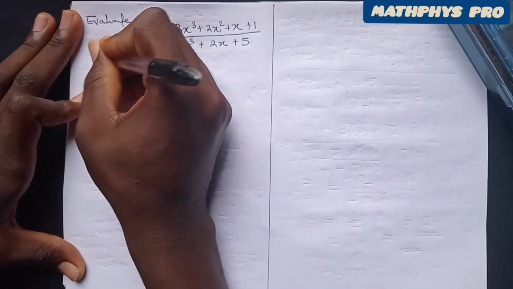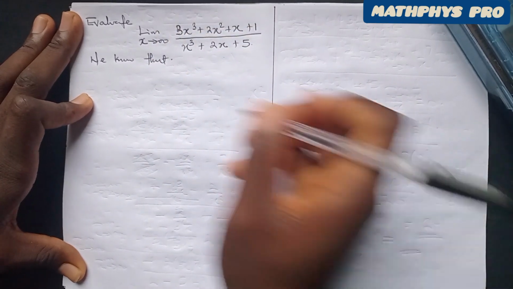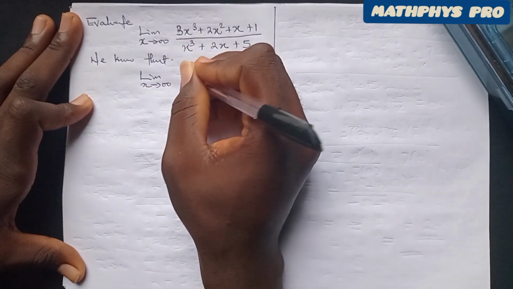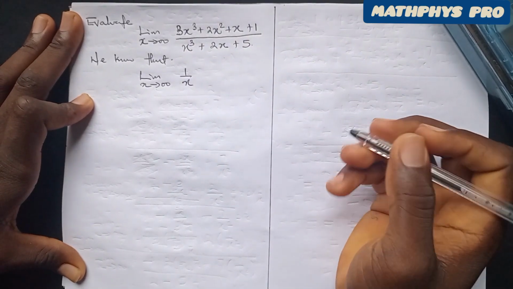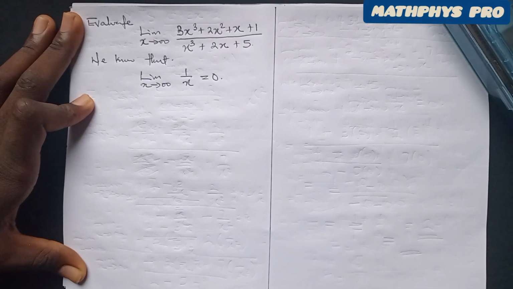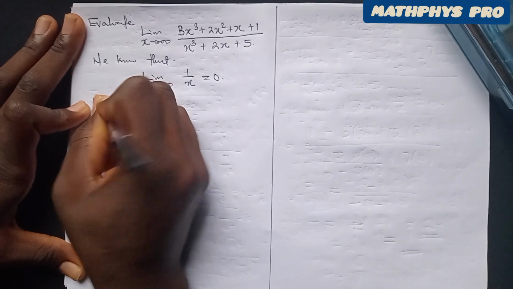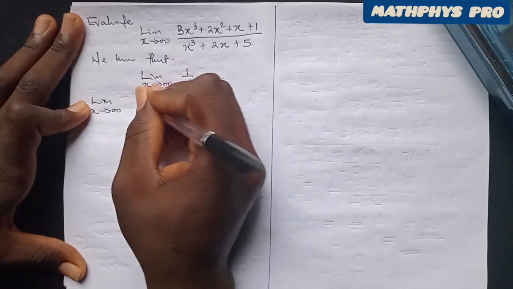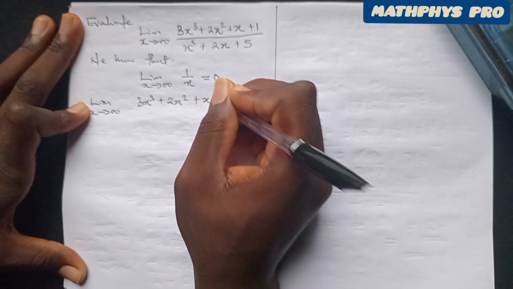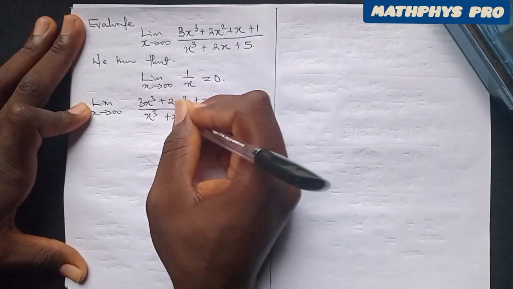Now we know that the limit when x approaches infinity of 1 over x is equal to 0.